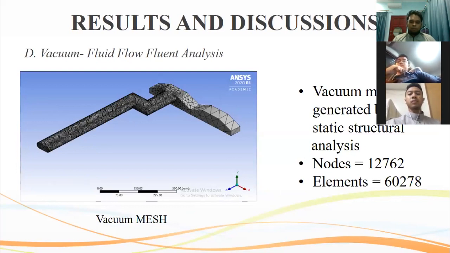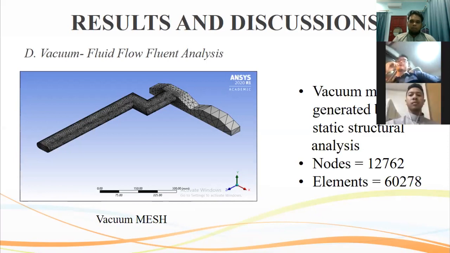Okay, now for the vacuum. For the vacuum, we don't use static structure analysis. We use fluid flow analysis, as we need to analyze the pressure distribution along the vacuum line. Here the machine gives 12,762 nodes and 60,278 elements.